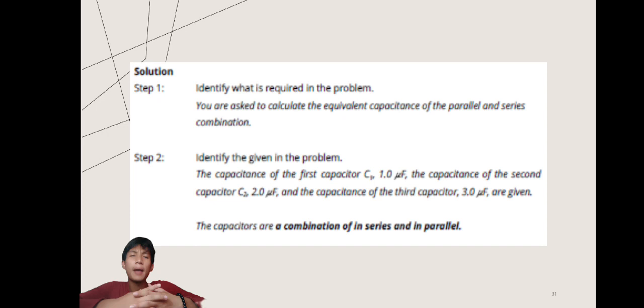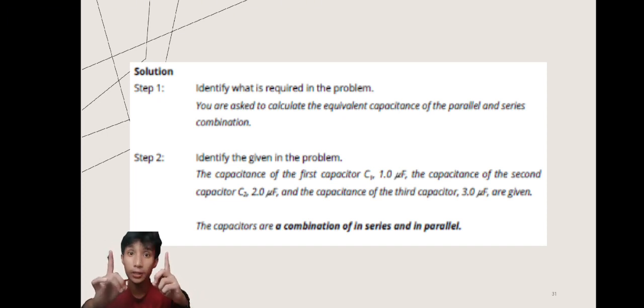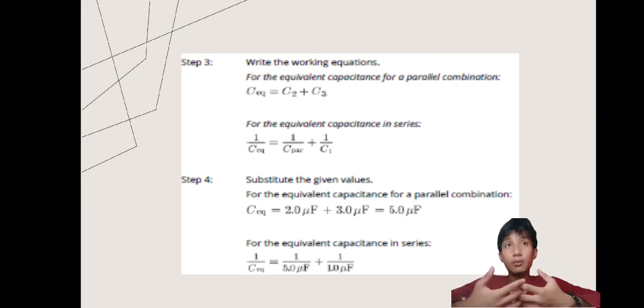Again, the capacitors are a combination of series and parallel. The first thing we have to do is write the working equations. For the parallel combination, we need to find its equivalent capacitance. In order to do that, we identify the parallel combination, which is C2 and C3, and add those together.